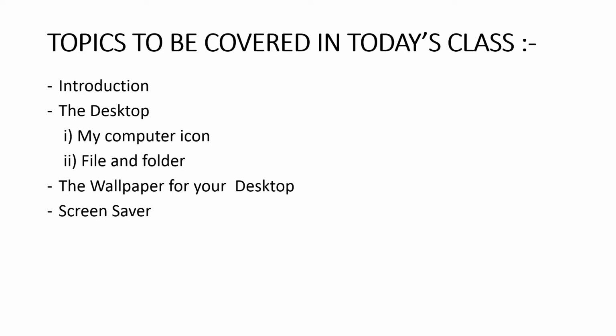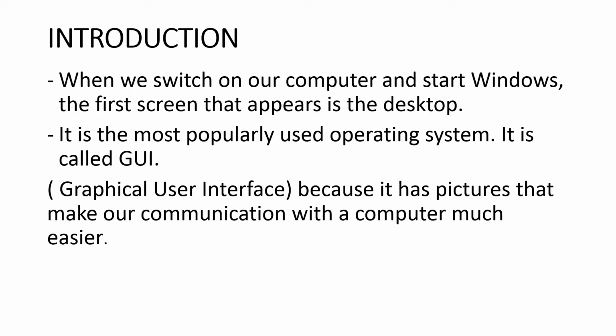When we switch on our computer and start Windows, the first screen that appears is the desktop, which is well known as the operating system. It is also called the graphical user interface because it has pictures and makes our communication with the computer much easier.